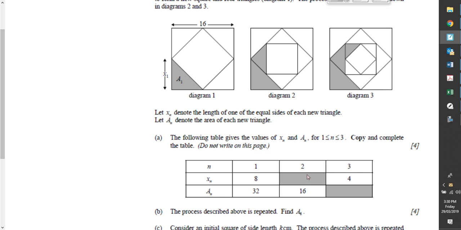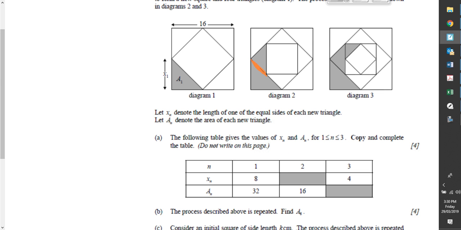Now what we need to find is the length of the side of the new triangle which is created when we have two squares inside of our main square. So we've got our first square here, and then we have two squares. This is the second square which is inside of our main square. And what we're trying to find is the length of this side here.